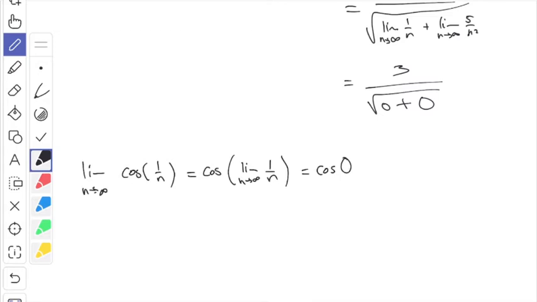And so this ends up just being cosine of 0, and then the cosine of 0 actually equals 1. So this is a simple case where you want to do that rule. You push the limit through the cosine. And this is legal as long as that function is continuous.